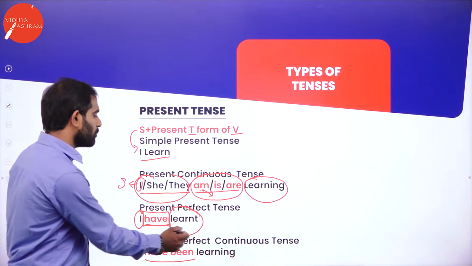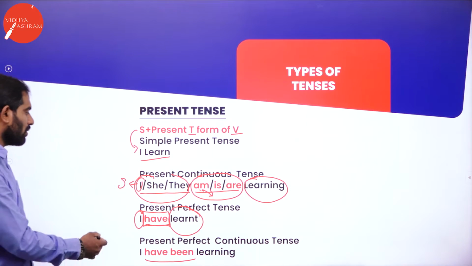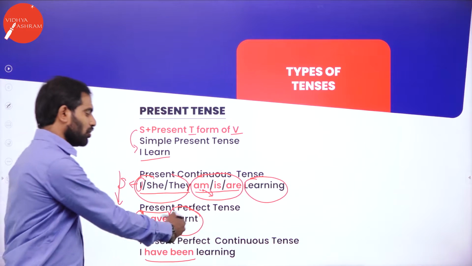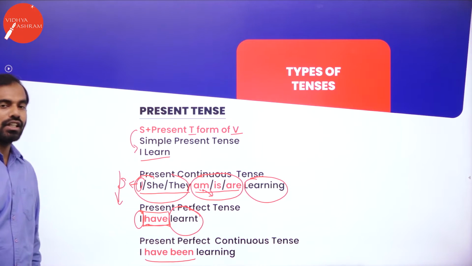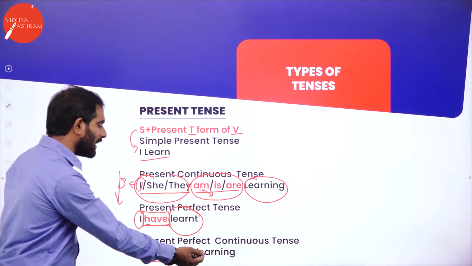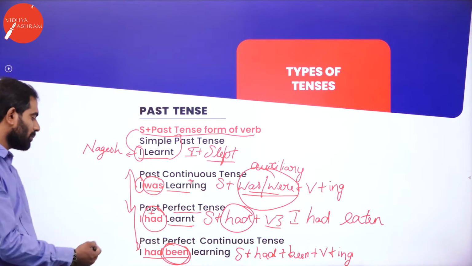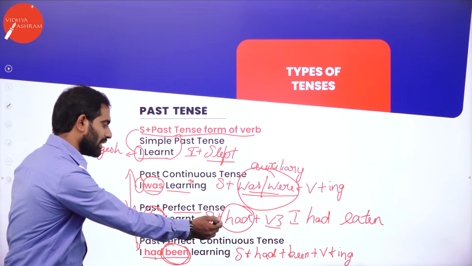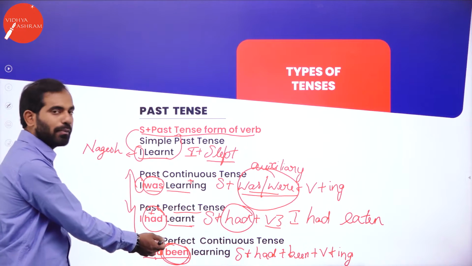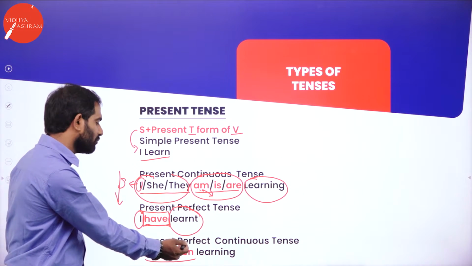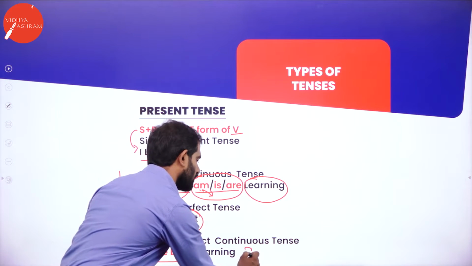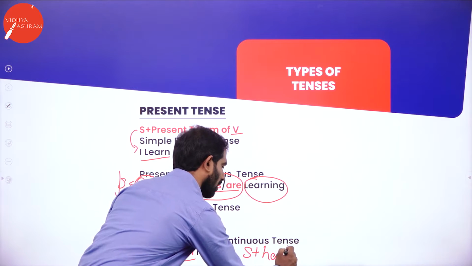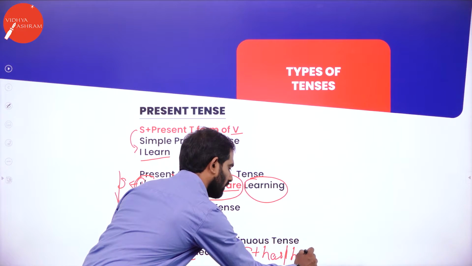Now, present perfect continuous tense. I told you we are going to club both of these and change it to present perfect continuous tense. I have been learning. If you go back to the previous slide and check past perfect continuous tense, I had been becomes I have been. So here it is subject plus has or have.